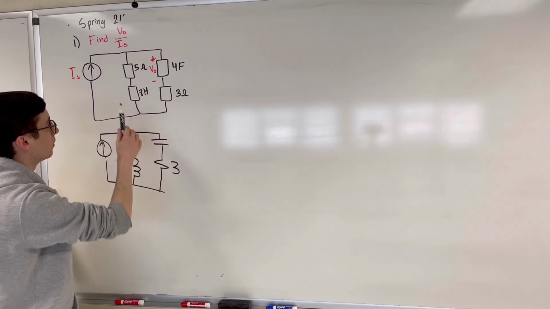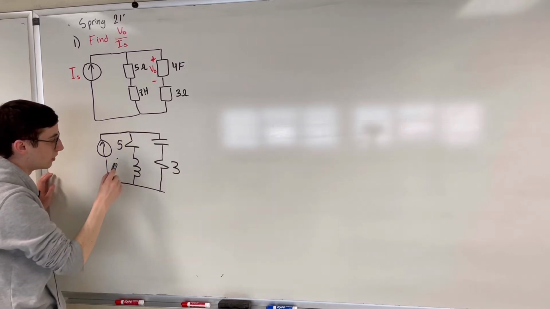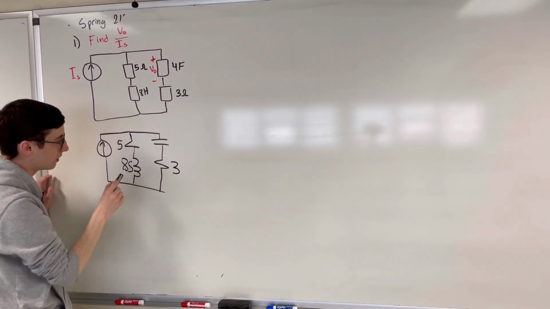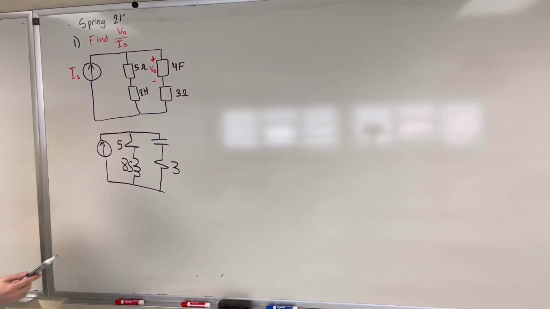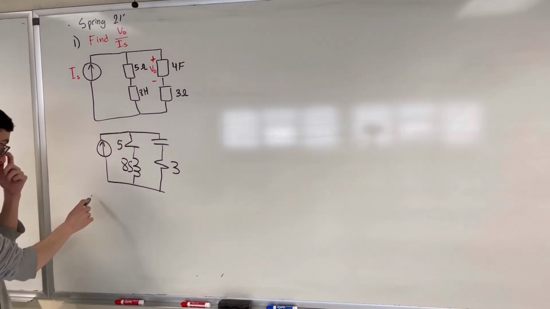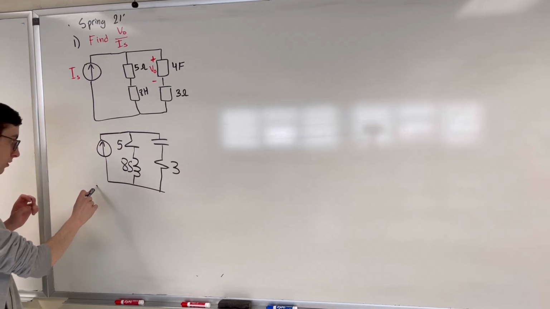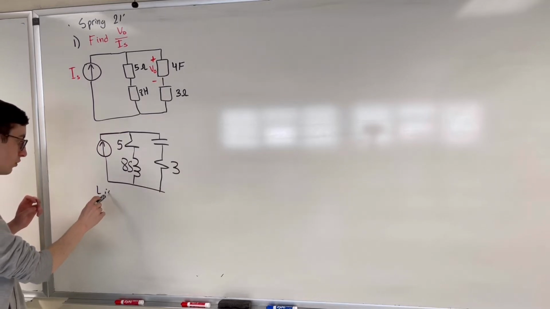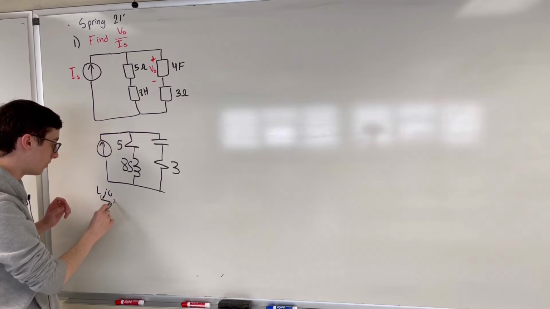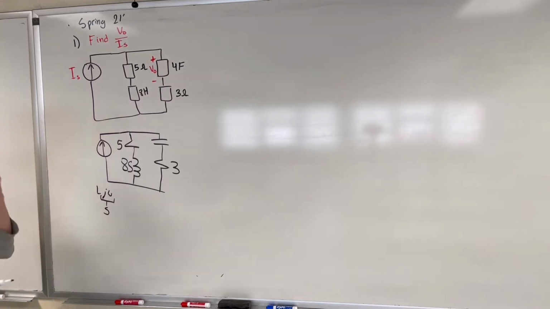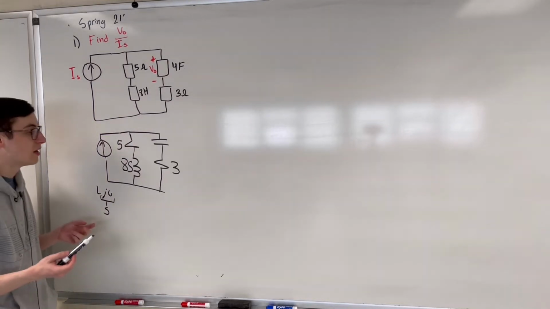But for an inductor, it's going to be 8S because it's going to be L times J omega, and J omega is S. And same thing with the capacitor.